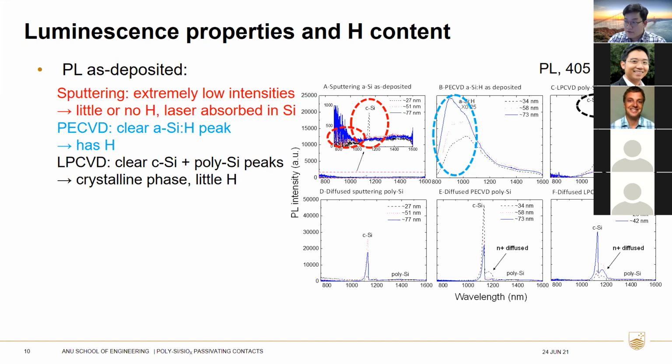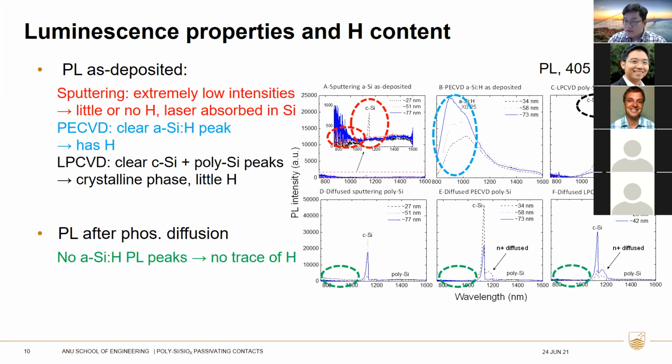After the phosphorus diffusion at 830 degrees, all samples show no hydrogenated amorphous silicon PL peaks, which indicates all the hydrogen has already diffused out of the films. And we see clear crystalline silicon PL peaks and polysilicon also, so it indicates the films have crystallized after the high temperature diffusion.